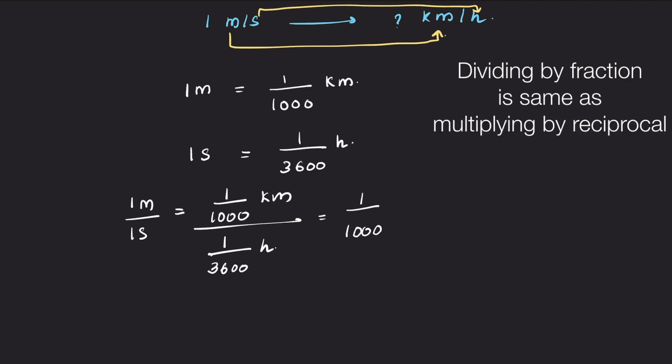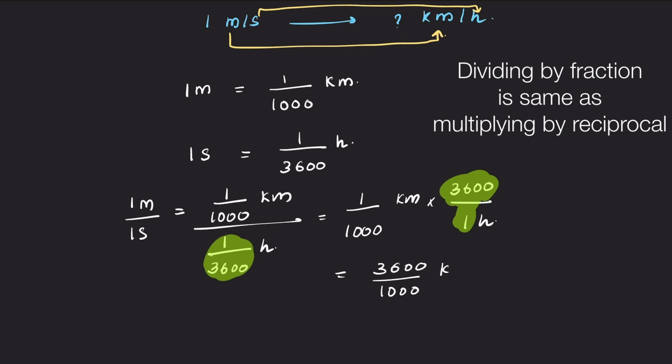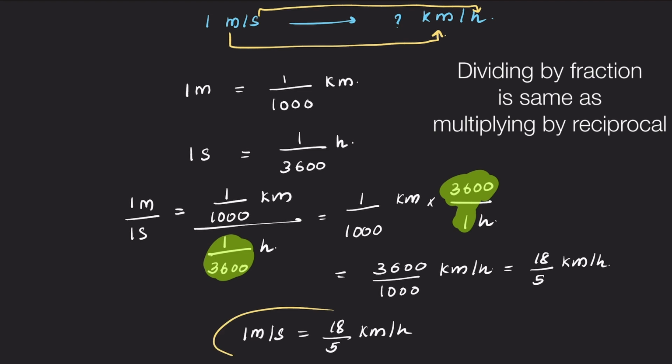Dividing by a fraction is the same as multiplying by its reciprocal. So this will look like this, 1 upon 1000 kilometer multiplied by 3600 upon 1 hour. That gives us 3600 upon 1000, or 36 by 10, which can be further simplified to 18 by 5. So 1 meter per second is 18 by 5 kilometer per hour. That's our reverse conversion factor.